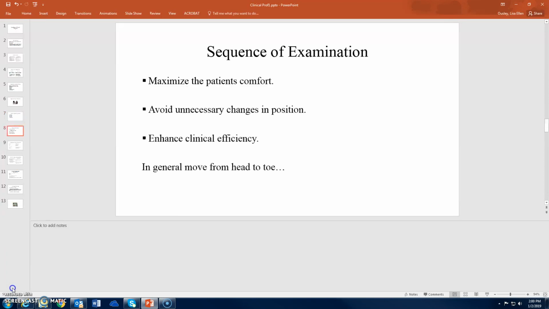The key to a thorough and accurate physical examination is developing a systematic sequence of examination. Organize your comprehensive or your focused exam around 3 general goals. Maximize the patient's comfort, avoid unnecessary changes in position, and enhance clinical efficiency. And in general, you're going to move from head to toe.